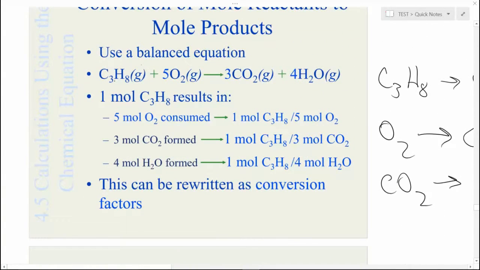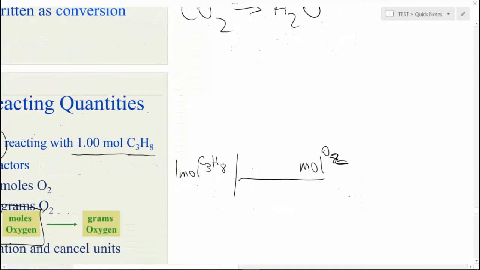I'm going from C3H8 to O2, and that's 1 mole of this for every 5 moles of O2. So that's what I'm going to put here. Moles of C3H8 go on the bottom, so they cancel. I have 1 mole of that for every 5 moles of this, so 5 moles of O2.